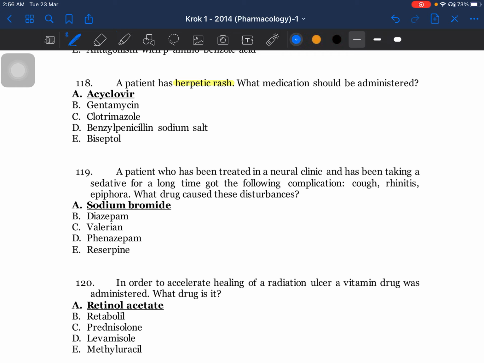We all know that herpetic rash is basically caused by the herpes simplex virus.